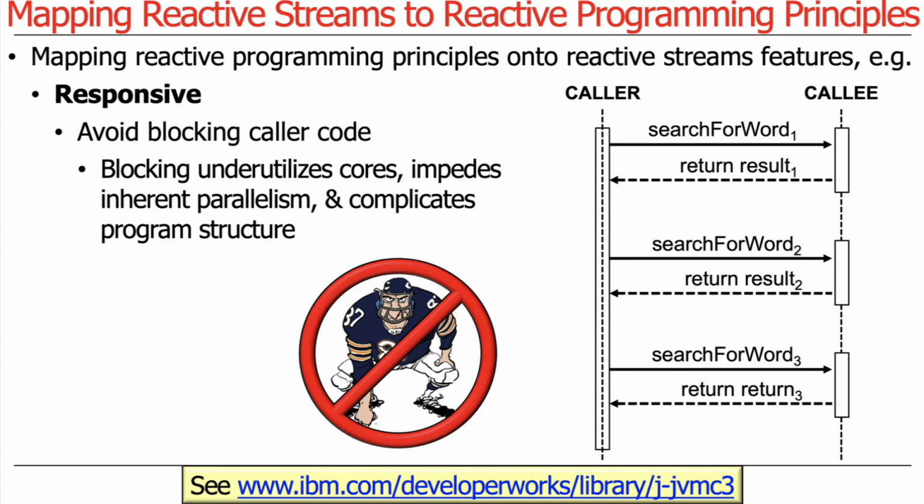So from a responsiveness point of view, remember, responsiveness is all about trying to avoid blocking the code that makes calls, and there's various ways this happens. First, let's just reiterate why we want to avoid blocking. The reason we want to avoid blocking is because blocking underutilizes processor cores, impedes inherent parallelism, and complicates program structure.